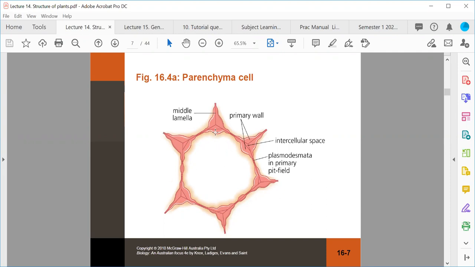Around here, this is a thicker region of the cell wall of this central cell, but as we get to this region here, you can see that it's quite thin, and that's the region called the primary pit field. You might also be able to see some fine lines there, and they are the plasmodesmata that connect each cell to the neighbouring cells.